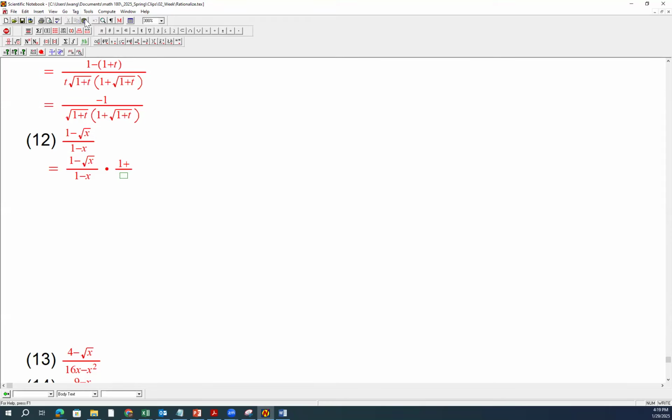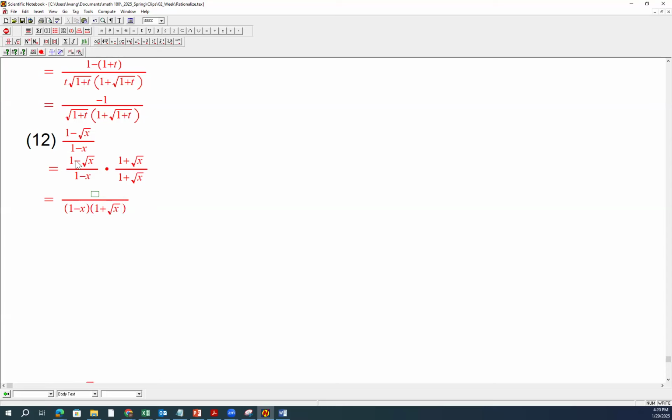So we're making our 1: 1 plus root x divided by 1 plus root x. Now we got the denominator times denominator. So 1 minus x must be inside the parentheses. And there's another parentheses, we put in 1 plus root x.